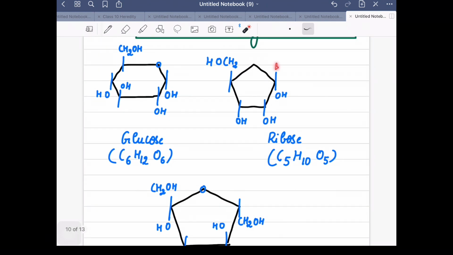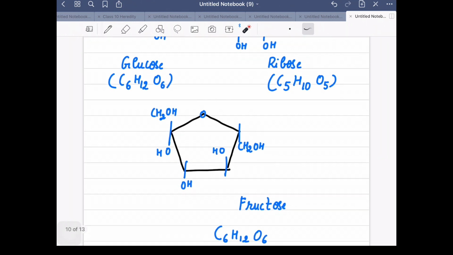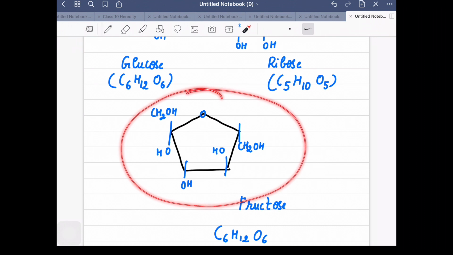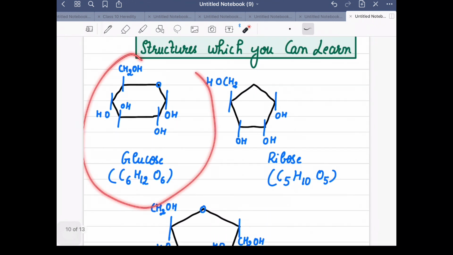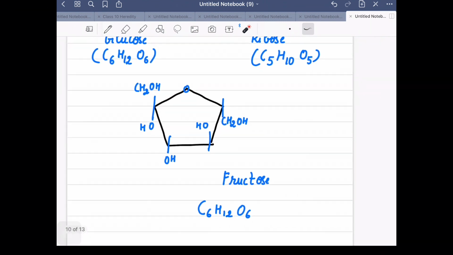Here it is HOH, HOH, HOH and CH2OH. That is our ribose, C5H10O5, and fructose is C6H12O6 only. So this is the structure of fructose, glucose, and this is our ribose.